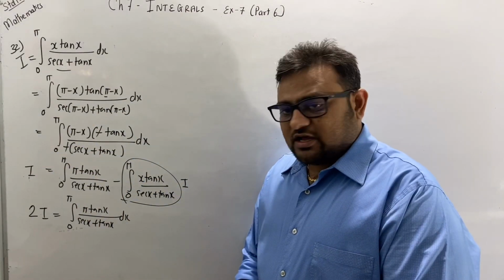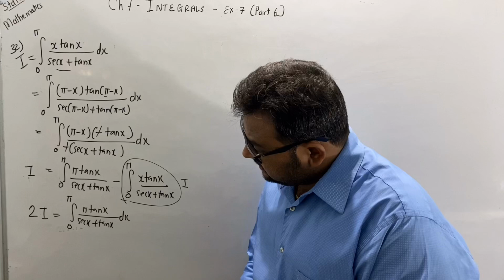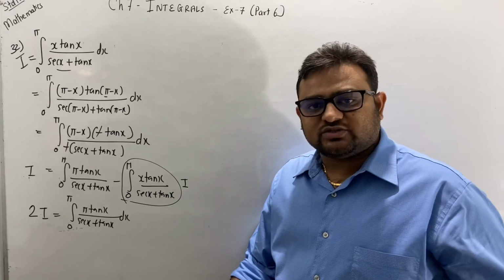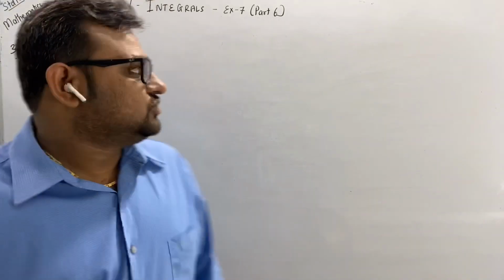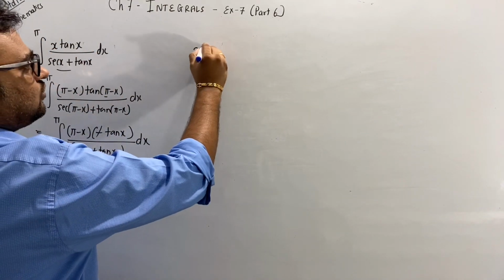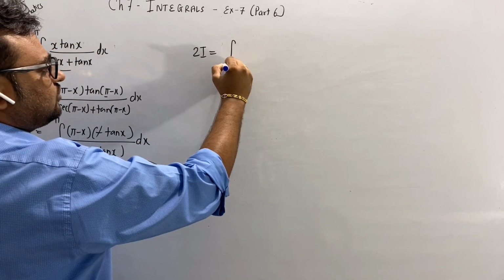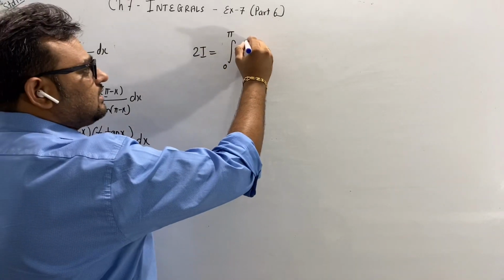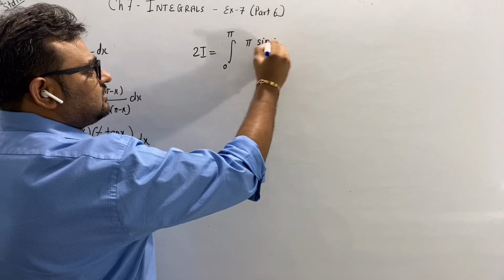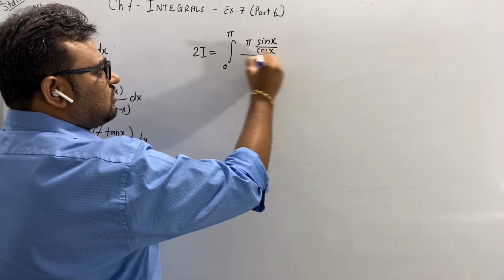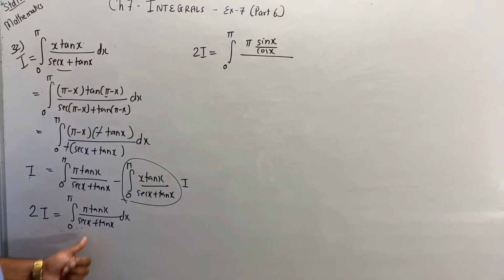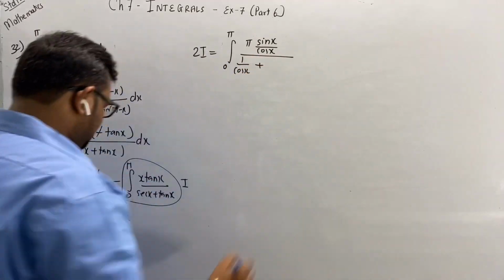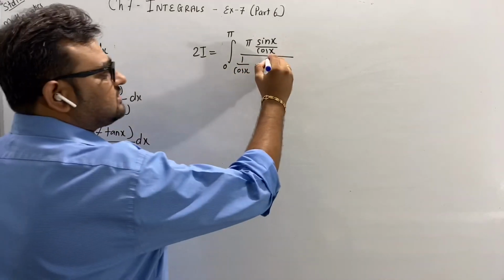Okay. So now what can we do? When we don't have any idea, just convert to sine and cos, right? So I will write it down: 2I equal to integral 0 to pi sin x by cos x upon, sec x means 1 by cos x, plus tan x.